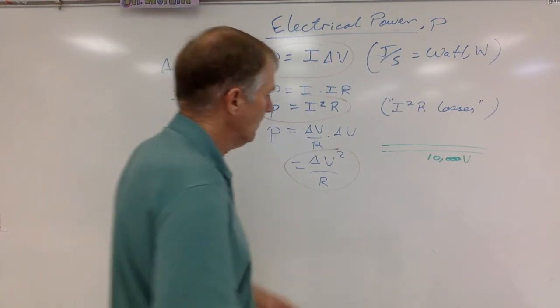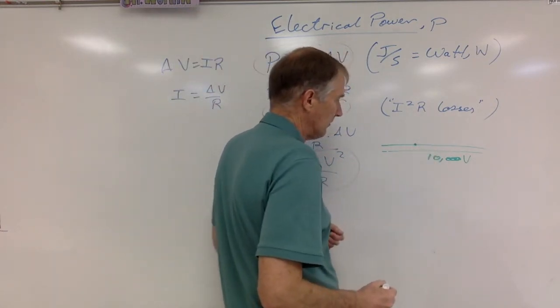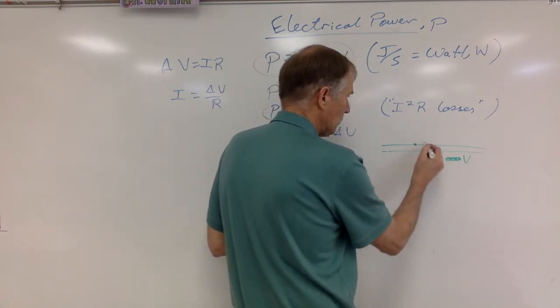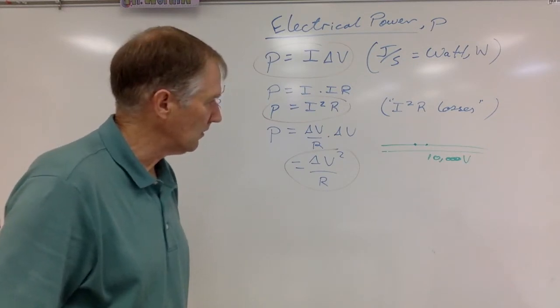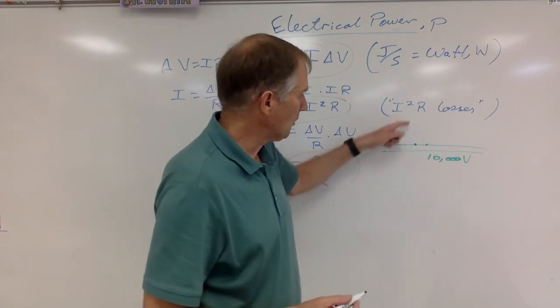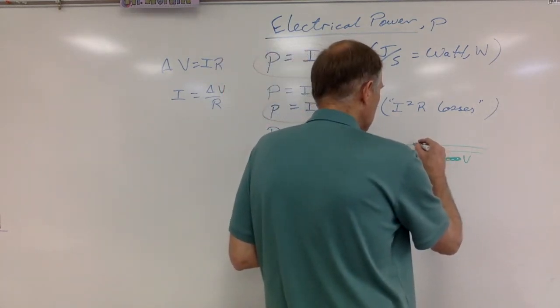Well, if you think about it, if this point is at 10,000 volts, and this point where the bird's feet land is at 10,000 volts, they're right next to each other. They're both at 10,000 volts. And so how much current is going to pass through the bird?